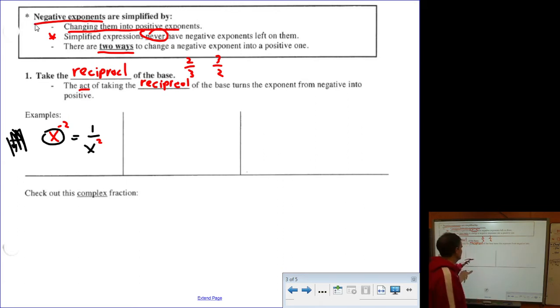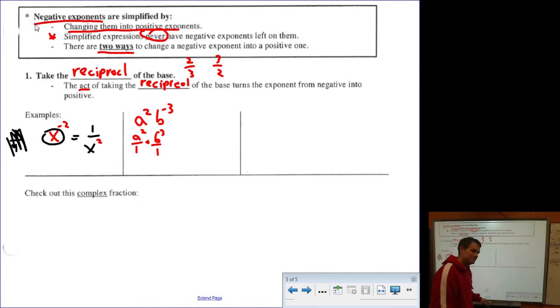Let's try another one. What if I had a squared times b to the negative third? Well, again, you might want to write those as fractions. Technically, that would be a squared over 1 times b to the negative third over 1.